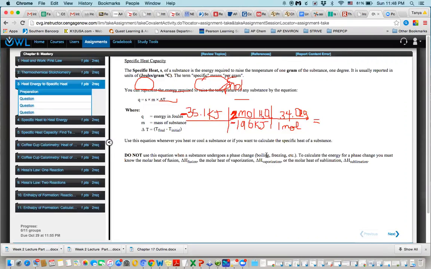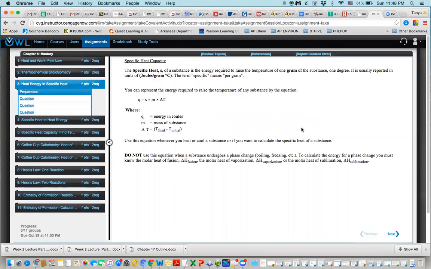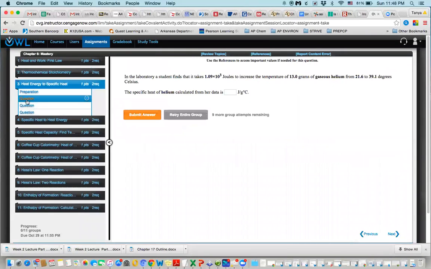Let's look at another type of problem here. Okay, so in a specific heat problem, you're going to be using Q is equal to mc delta T. In this one, in the laboratory, a student finds that it takes a certain amount of joules of heat energy.